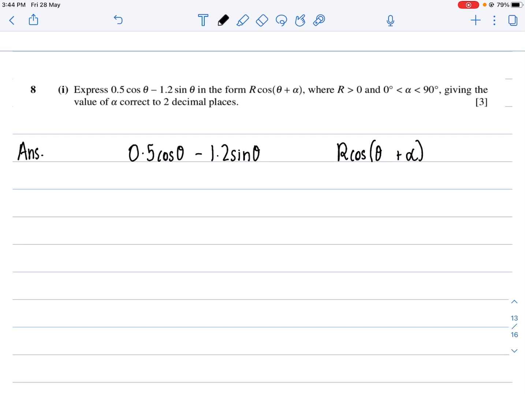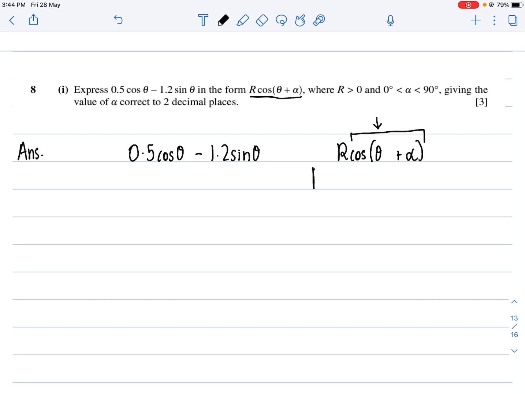So we need to first convert 0.5 cos theta minus 1.2 sin theta into the form r cos(theta plus alpha). Now if you look at this form, this part is basically the cos compound angle formula.